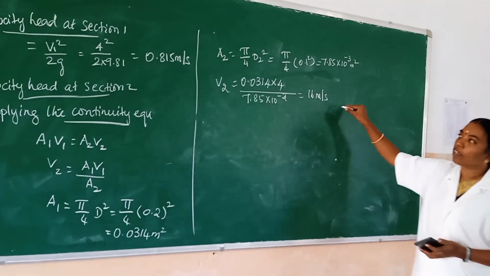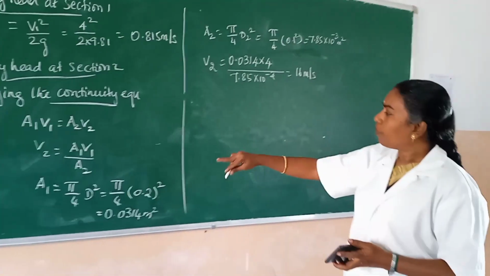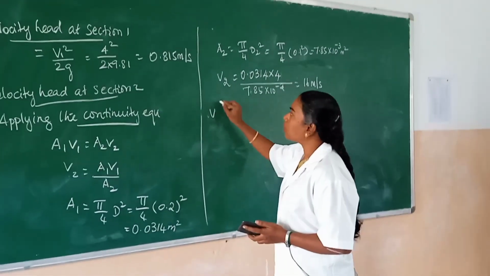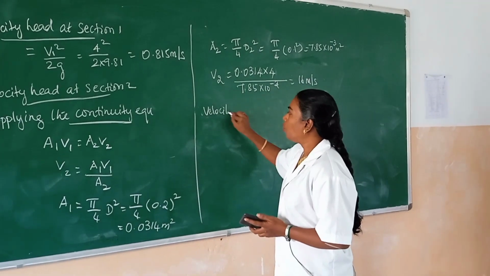So we found the V2 value. Then we can apply this V2 value and find out the velocity head at section 2.